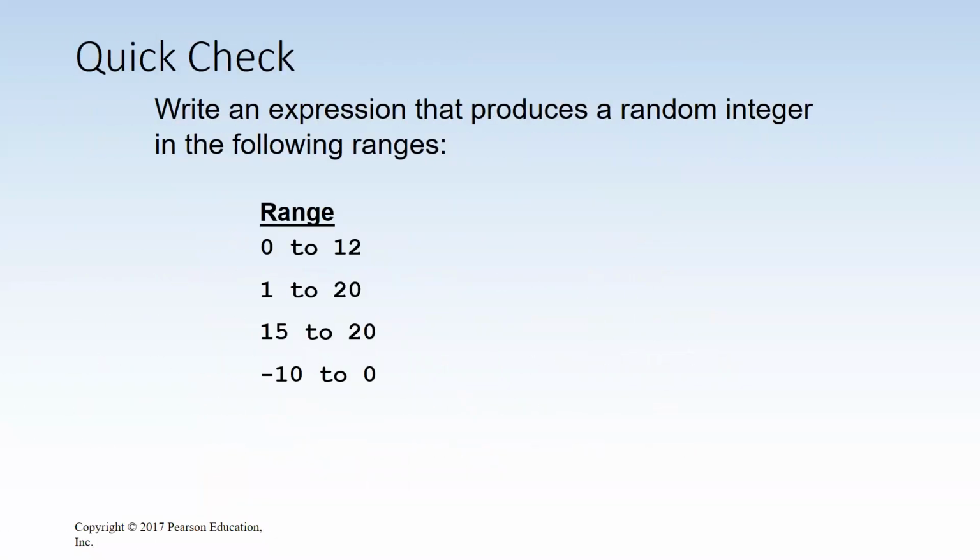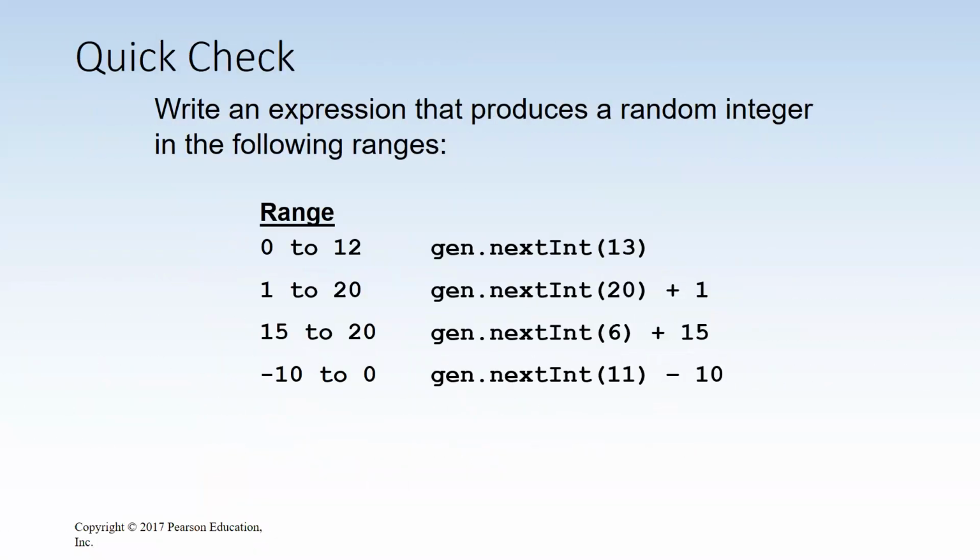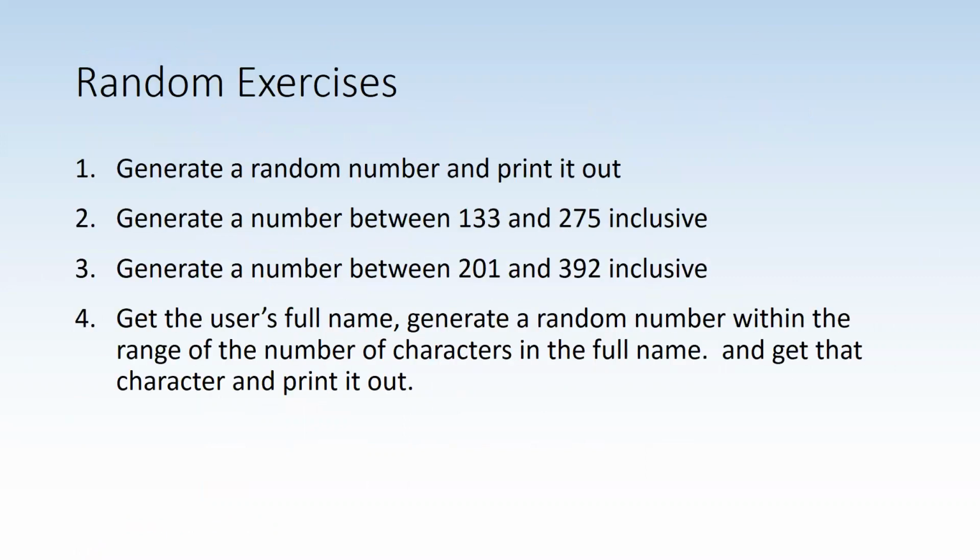You understand that, okay? So here, examples. Random exercises. Generate a number between 133 and 275 inclusive, you will do 275 minus 133 plus 1, and that's the seed value, and then plus 133. So it's pretty easy.